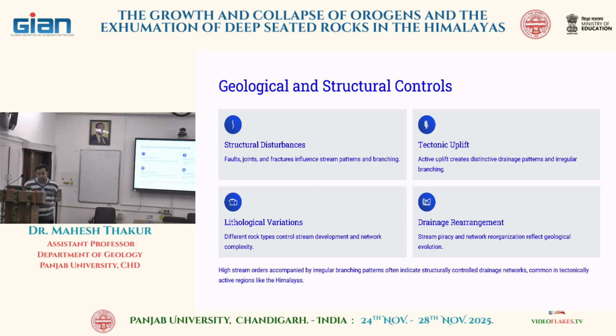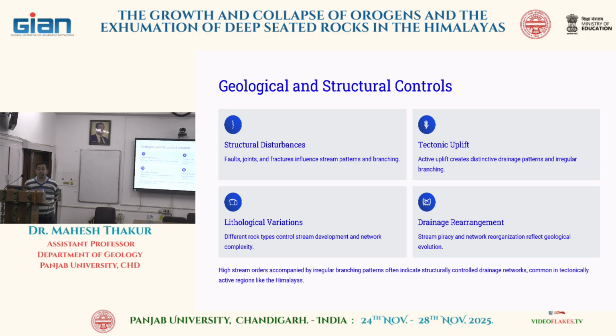Lithological variations: different rock types control stream development and network complexity. The best example of lithological variation, as I just showed you, was Manikaran. In Manikaran you saw that leaf kind of drainage pattern. That is definitely lithologically controlled, right? If that leaf is broken in between, then I will say there is a fault.